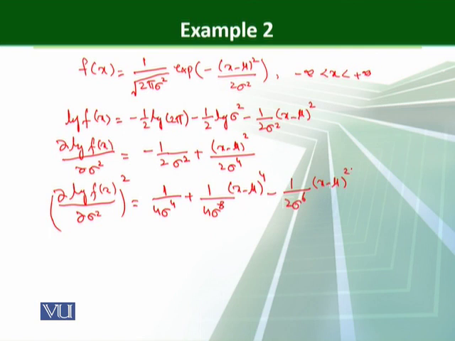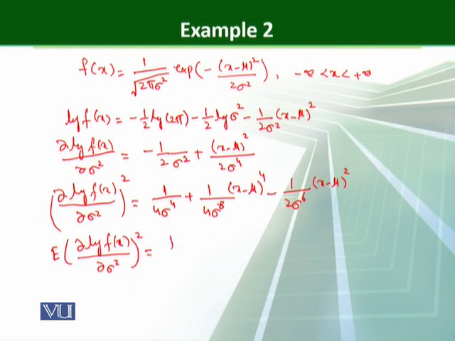Now we take the expected value on both sides, that is the expected value of the partial derivative of log f of x with respect to sigma square, whole square.